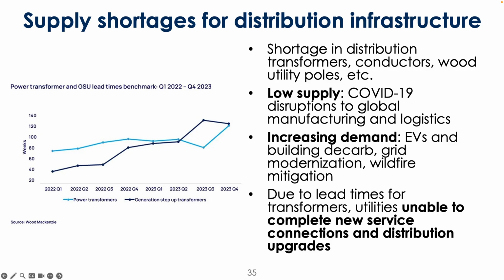But that has started to come down since 2023, 2024. Congress passed specific measures in the CHIPS Act, I believe, to help boost domestic manufacturing for some of this equipment, which has allowed for a decrease in wait times for the supply.